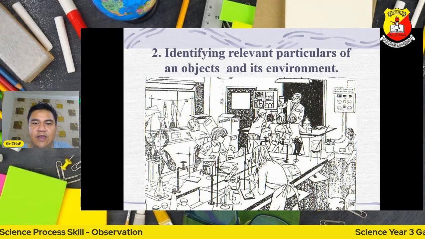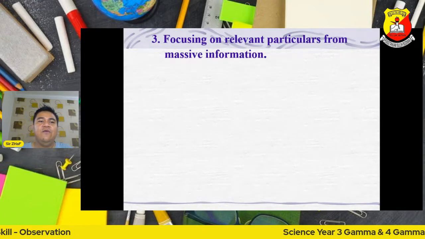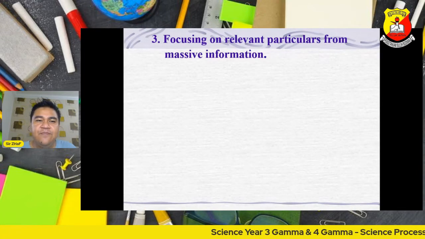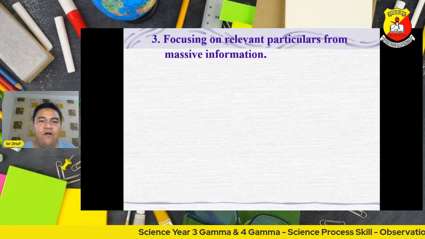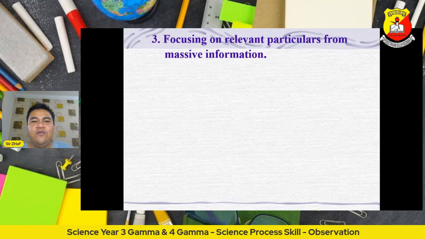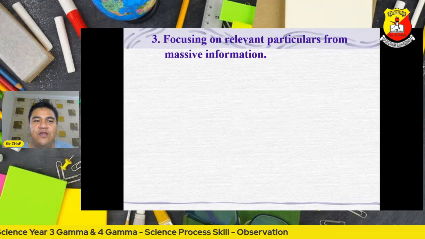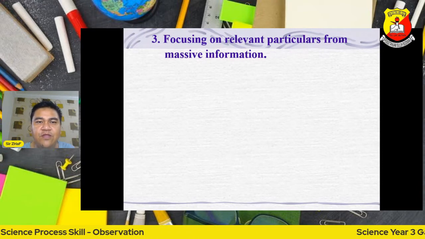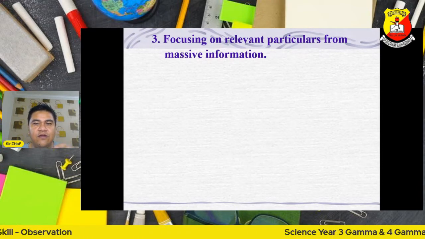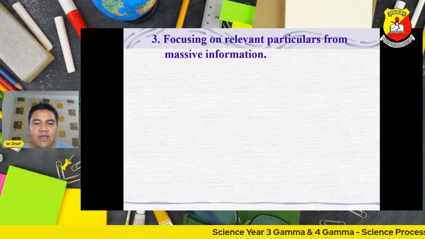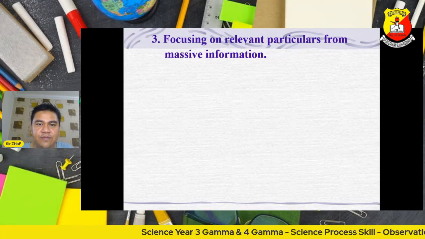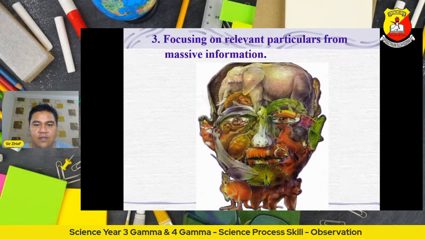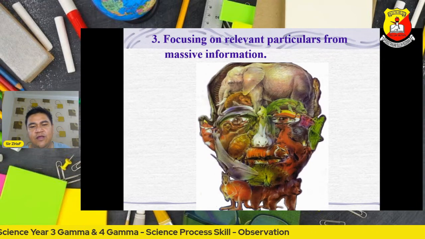Okay, next. When you are observing, you need to focus on relevant particulars from massive information. You have such massive information, then what you need to do is focus on what is relevant. So look, this is a picture.